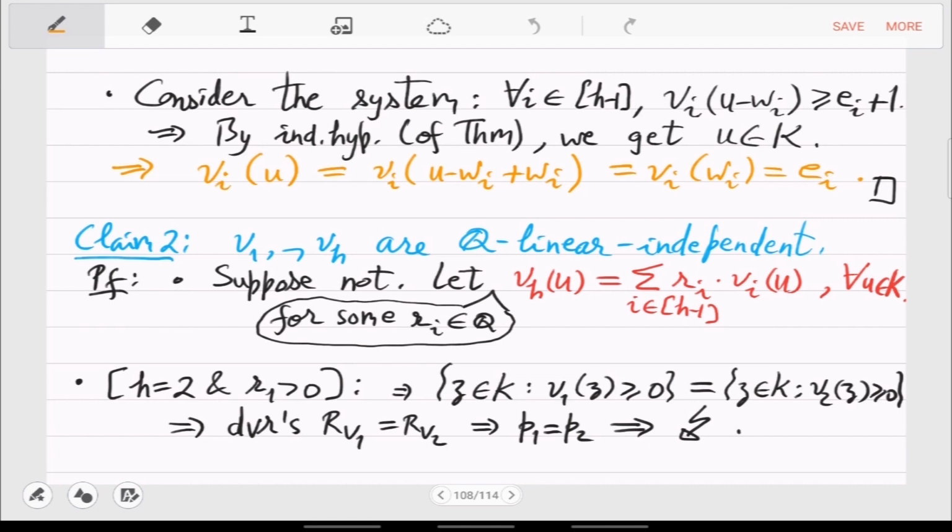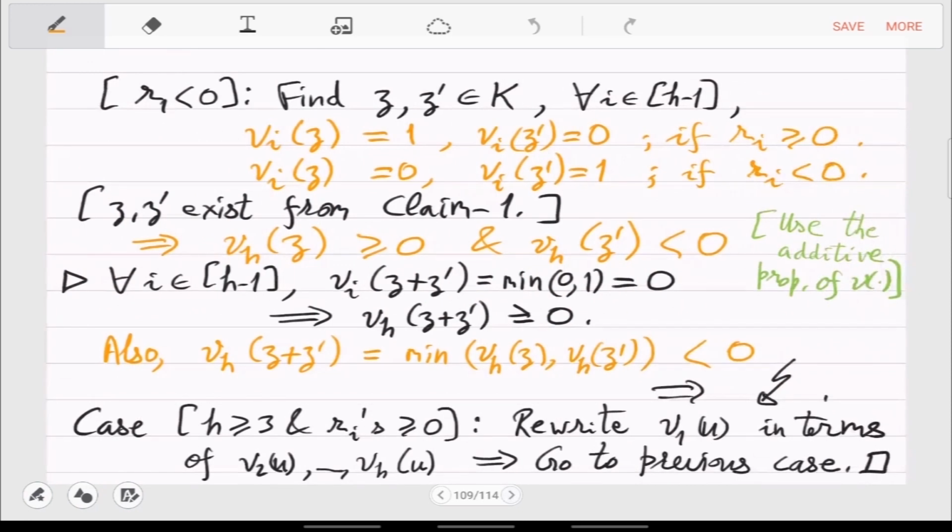Suppose there are rational numbers ri such that VH, as a valuation function, is a linear combination given by ri's of Vi's. So it's true for every u in the function field. And then we showed that there are contradictions in every case. I will not repeat that proof.